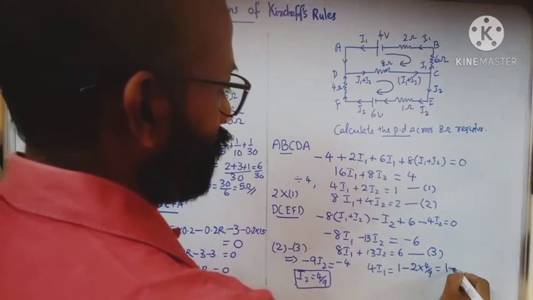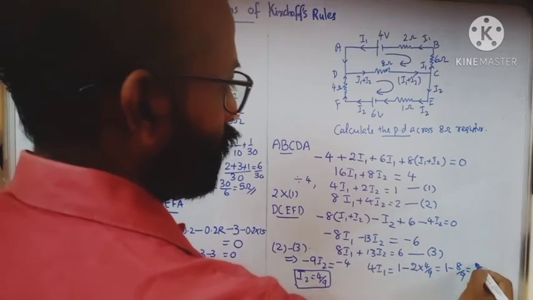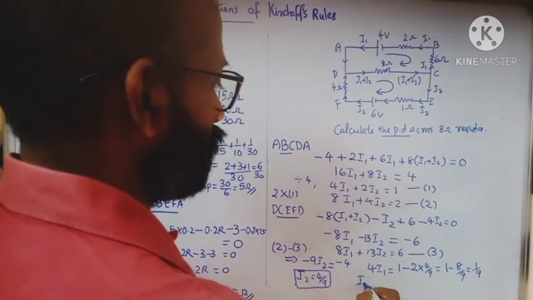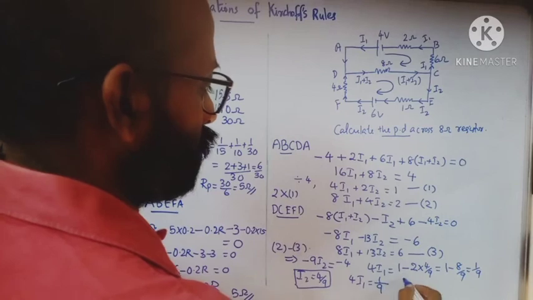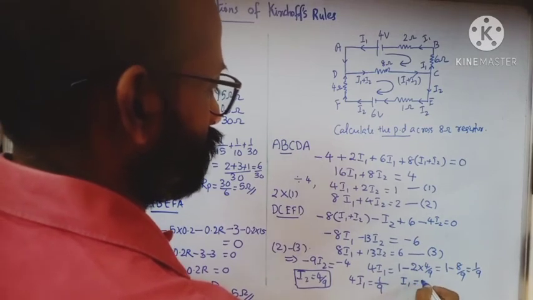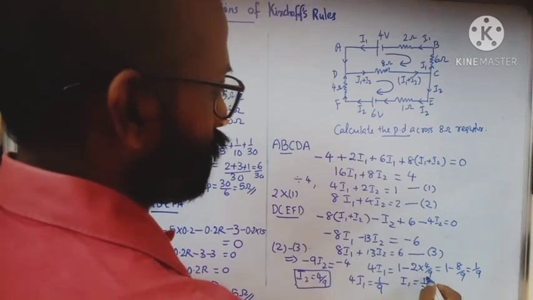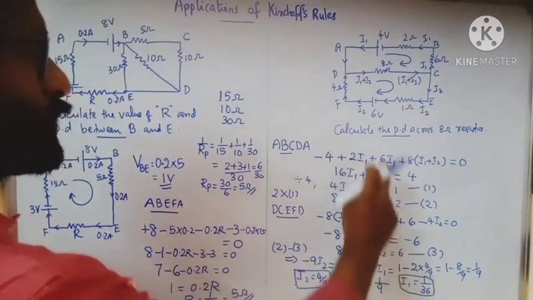That is 1 minus 8 by 9. When you simplify, you will get 1 by 9. 4 I1 is equal to 1 by 9. So I1 is equal to 1 by 4 into 9, 36. This is I1.